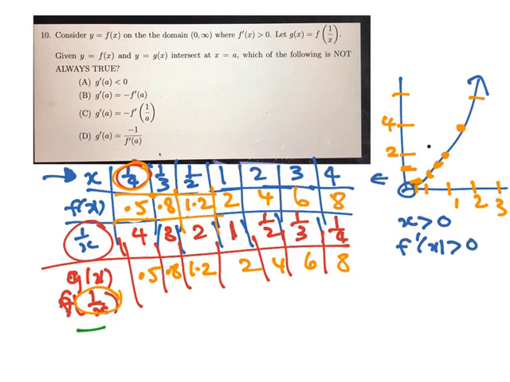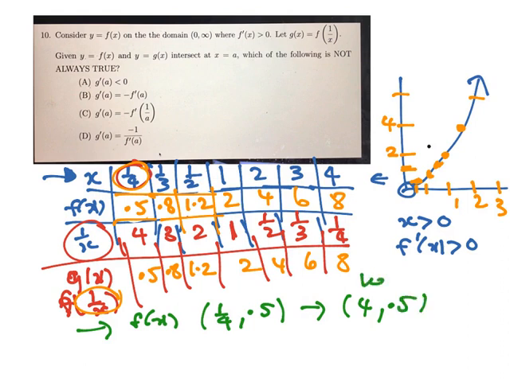So what will actually happen, for f of x, the point a quarter, 0.5 becomes 4, 0.5. Like it keeps the same y value, and the x is flipped. So this is g of x, becomes that graph.